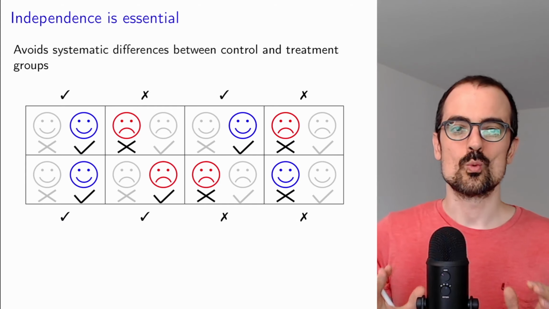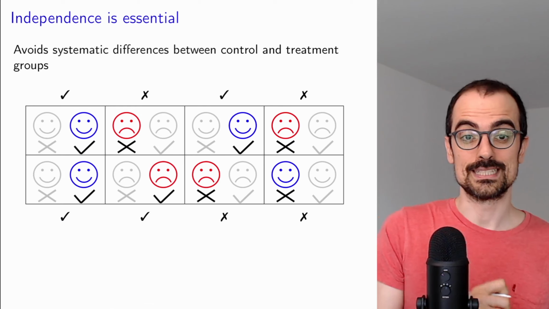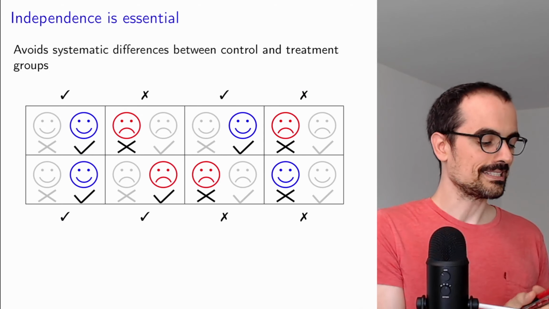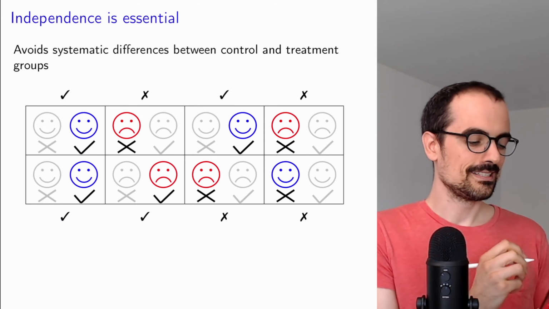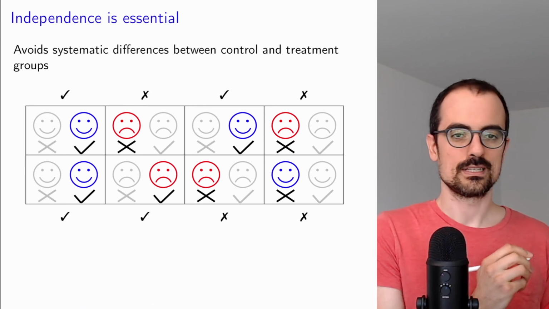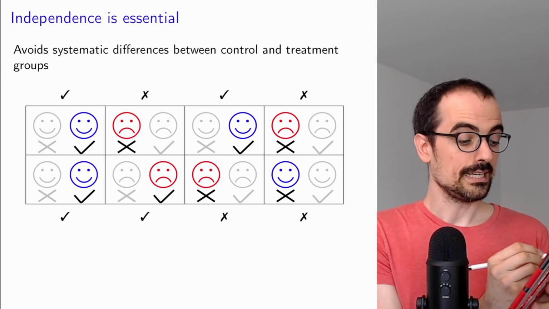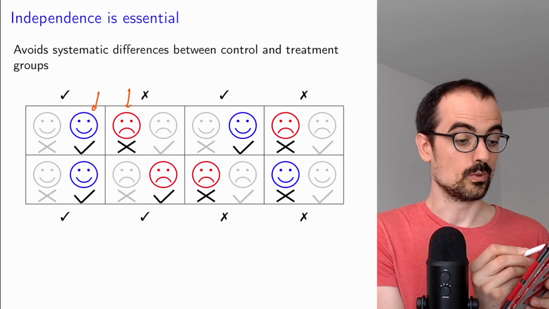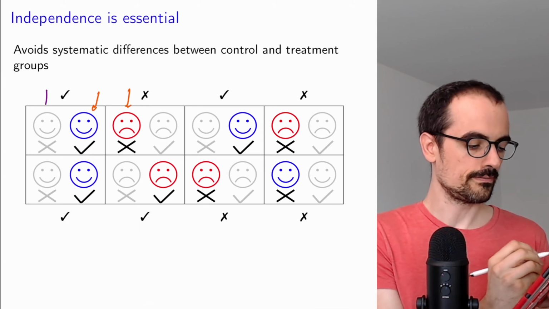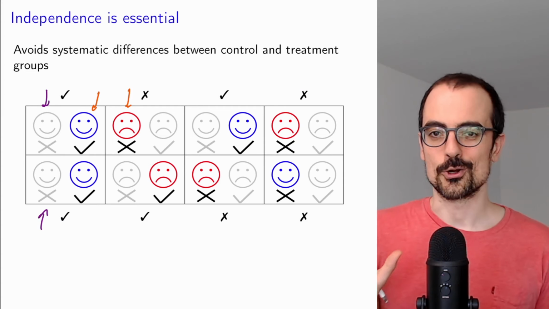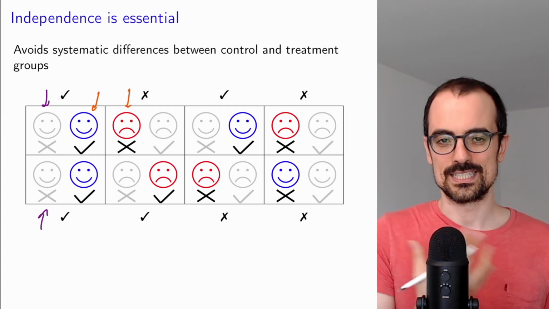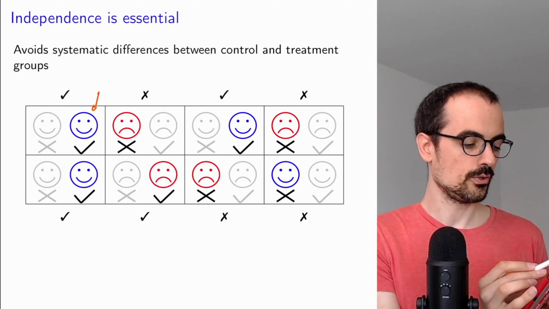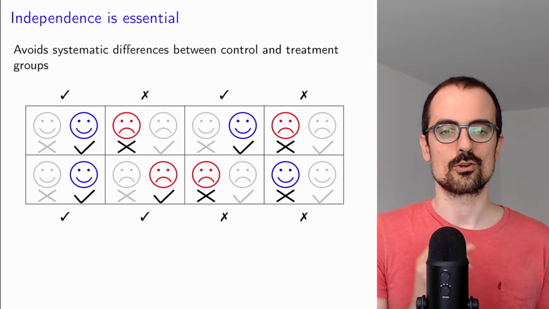Let's illustrate why independence between the treatment and the potential outcomes is completely essential. Here is an example where the data that we get to observe is in color, and the potential outcomes that we do not get to observe are in light gray, so that you can still see what they are, but this represents that we don't actually get to see them, okay? Each of these boxes corresponds to a patient.